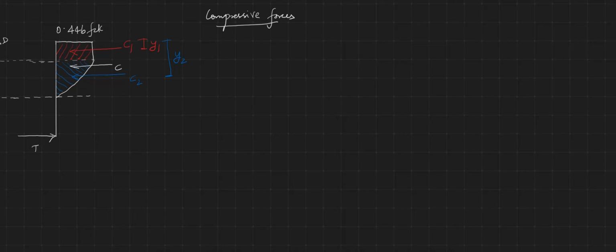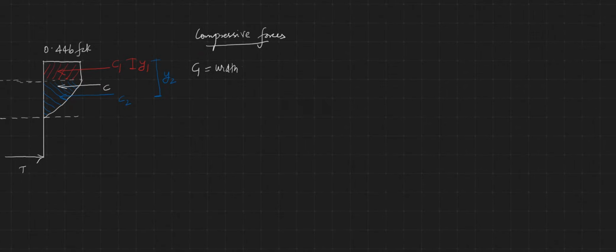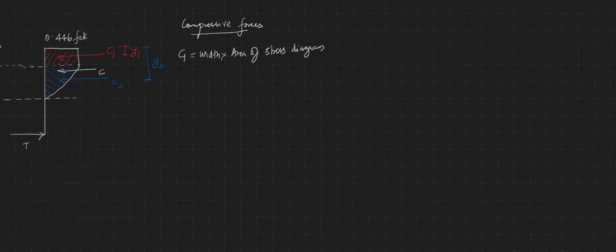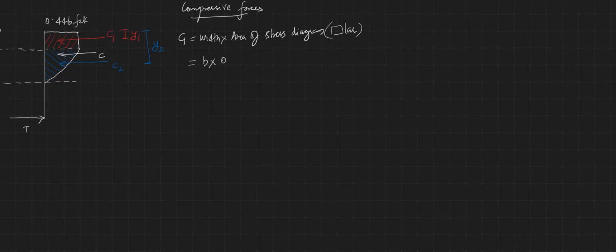For C1, I could write it as the width into area of the stress diagram. Here the stress diagram is rectangular. That is, small b into area of the stress diagram, here 0.446 FCK, that is width, into the depth, that is 3 by 7 XU.